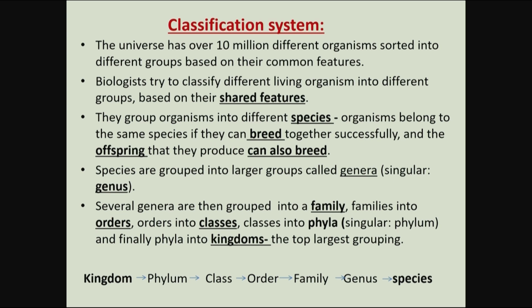The organisms which belong to the same species are able to breed successfully and give birth to offspring that can also reproduce. So they give birth to fertile offspring.